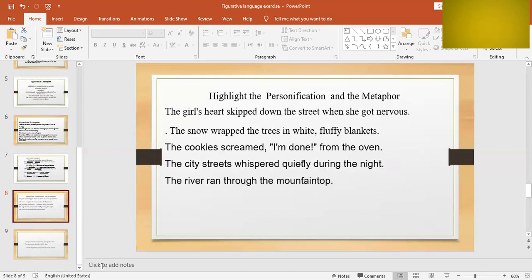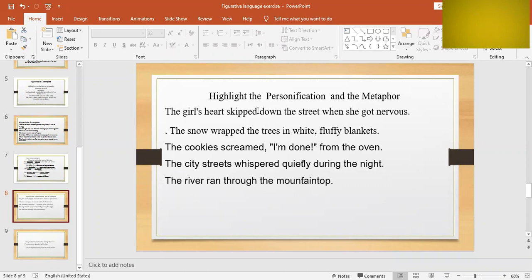Okay. Now, here highlight the personification and the metaphor. The girl's heart skipped down the street. Skipping, some people, girls skip the rope. They jump under the rope, okay, or by the rope, under and over the rope.